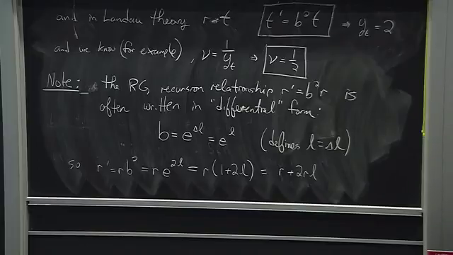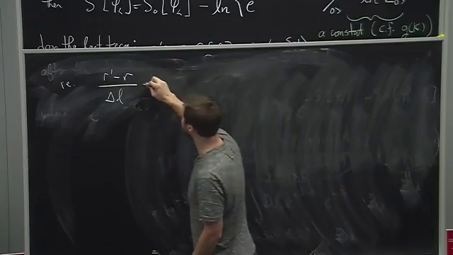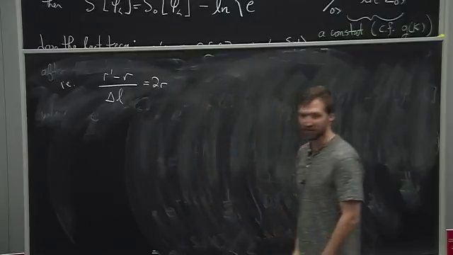So that derivative looks like, I'll call it R prime minus R. It's like how your variables depend on that RG step. So in this case, it looks like that.